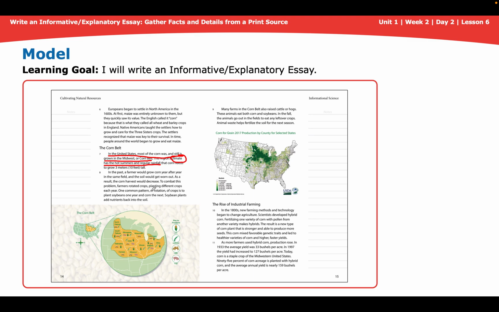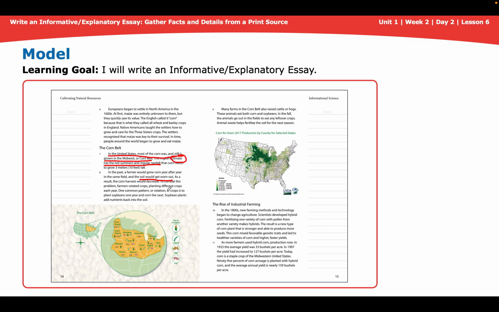Then in this paragraph right here, something that I feel is a key idea is that crop rotation helps, okay? So it said that the soil was getting worn out from planting the same crop year after year.